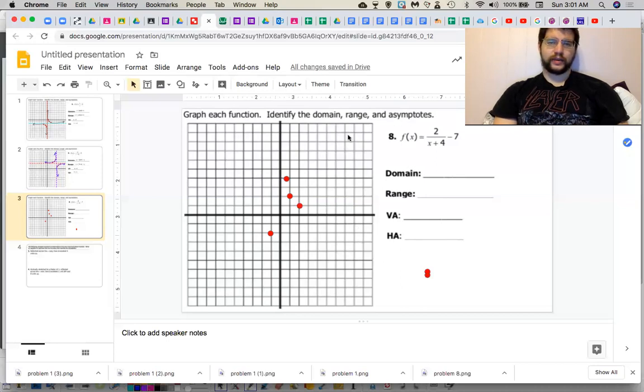So I'm going to draw my asymptotes, negative 4 for my... let me shift first. Left 4, I'm going to watch this time. 1, 2, 3, 4, something like that.